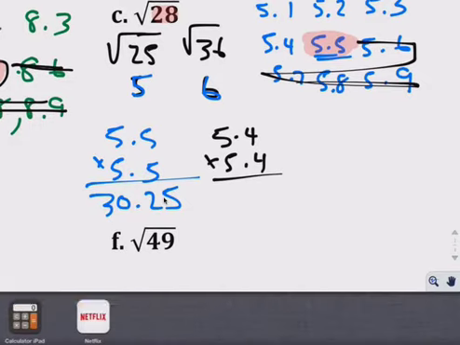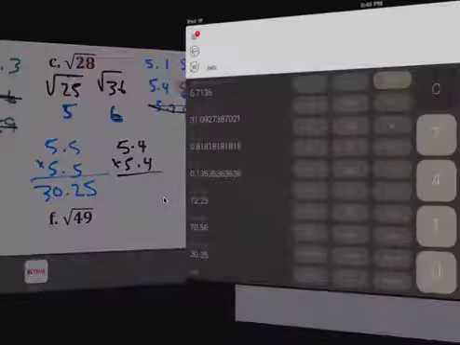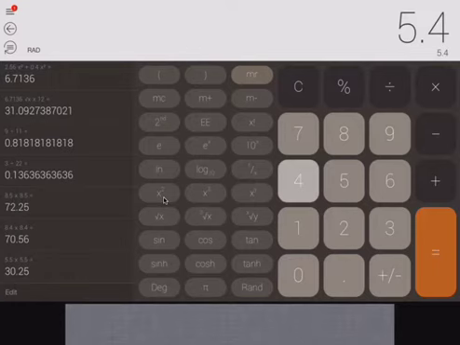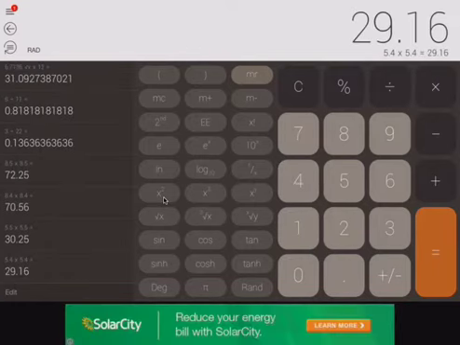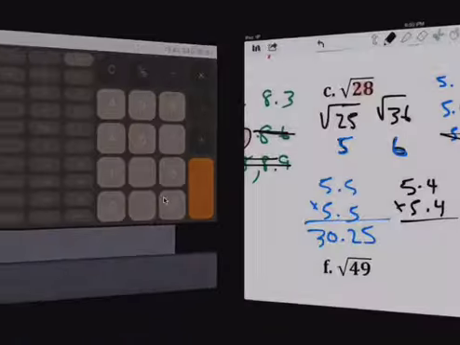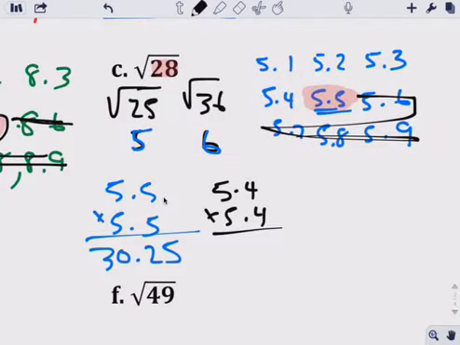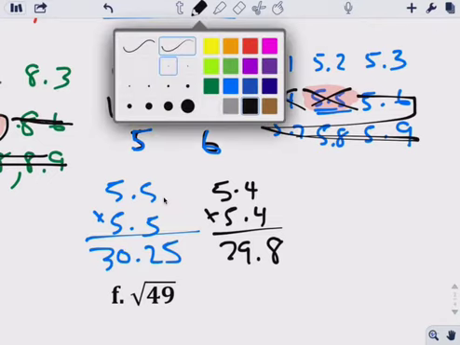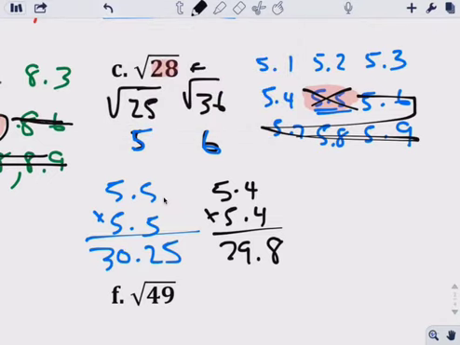Okay, calculator. 5.4 times 5.4 equals 29.16. Still higher than the 28. So not 5.5, not higher. 5.4 may work. Let's do 5.3.